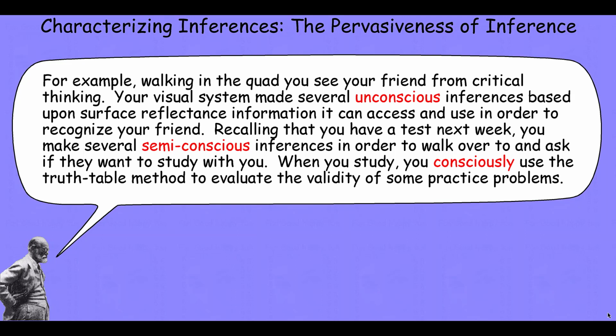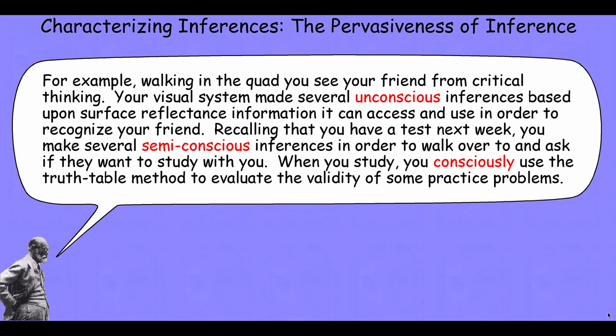We may adjust our gait to go up and down some stairs. We may do all of these things, most of which probably don't actually make it into consciousness, though some things do. We intend to go to our friend. We see the stairs. These things might make it into consciousness, but not the entire inferential process, only bits and pieces of it as we go through. And I refer to those as semi-conscious inferences.